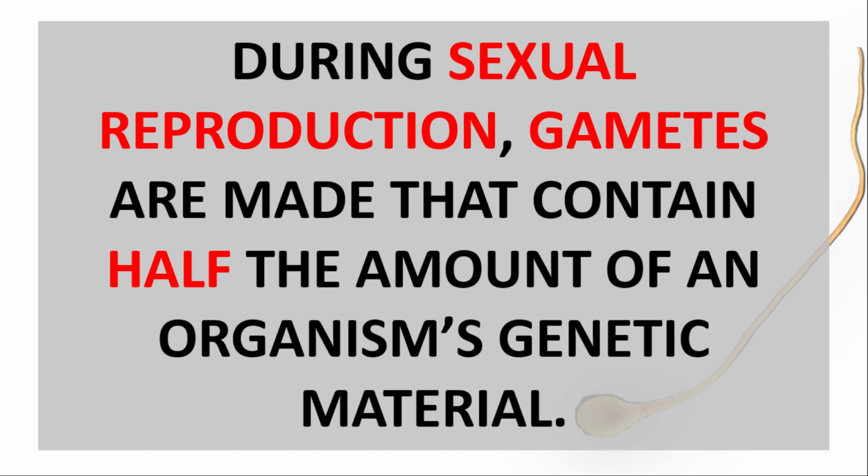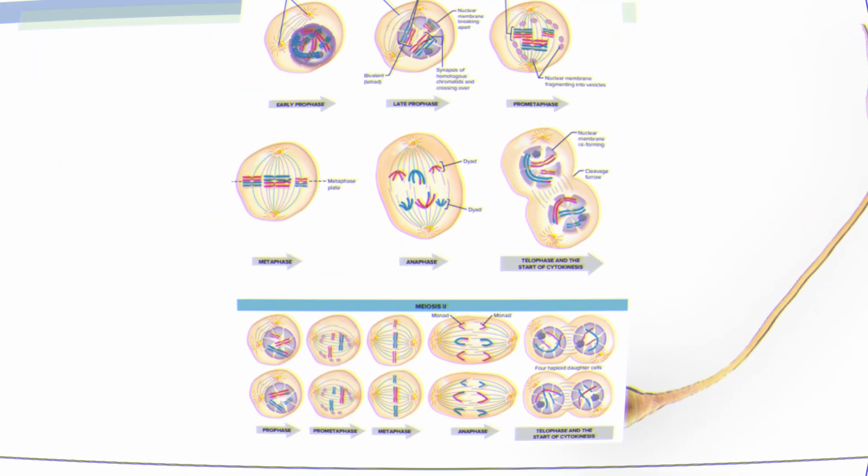The cell that enters meiosis 1 initially contains 46 chromosomes, and then the gametes that are so produced contain only 23 chromosomes. Sa katunayan, bago pa man na-elucidate ni na Oscar Hertwig and Theodore Boveri ang mga kaganapan during meiosis, na-predict na ni August Weismann na nangyayari nga itong phenomenon na ito, which is reductional division, which we now call meiosis.